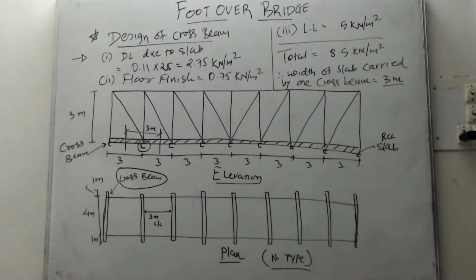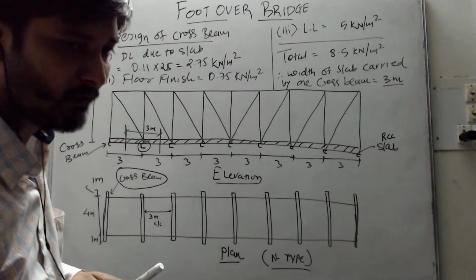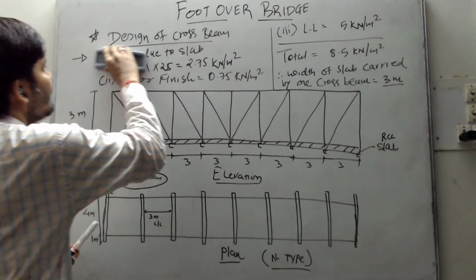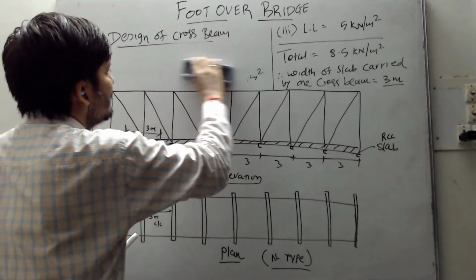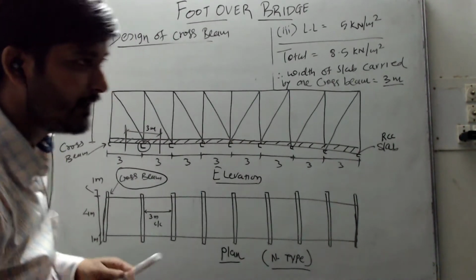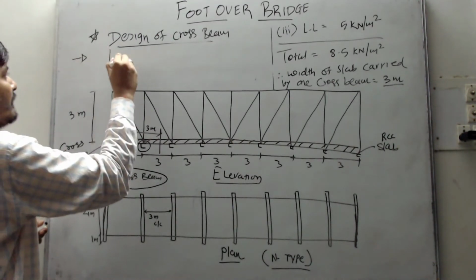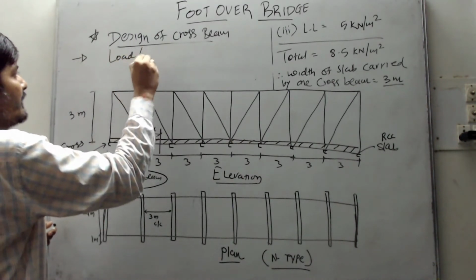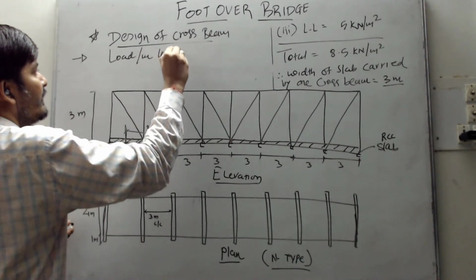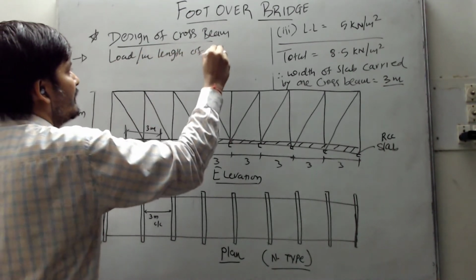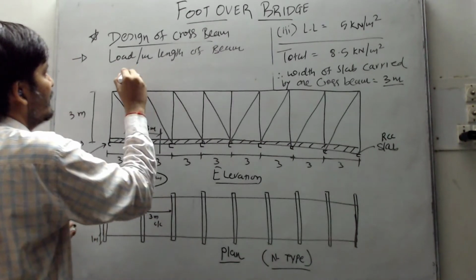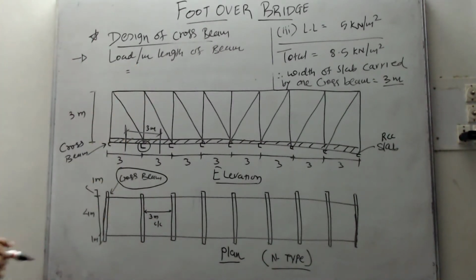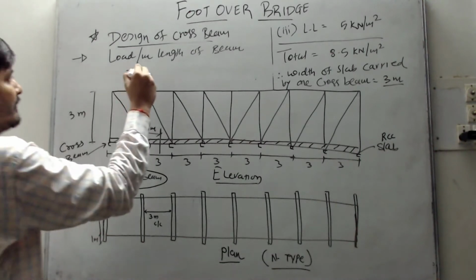So therefore load per meter length of beam, we can calculate easily. Load per meter length of beam will be equal to 3 meter multiplied by 8.5.